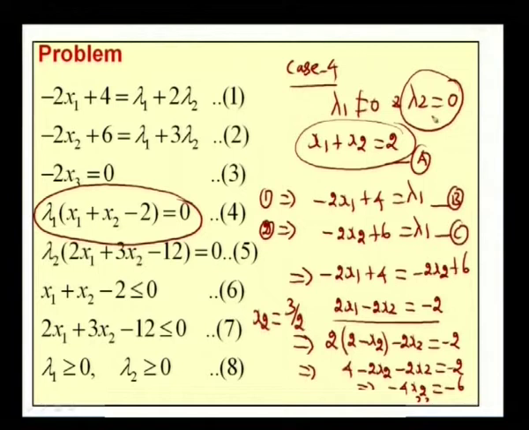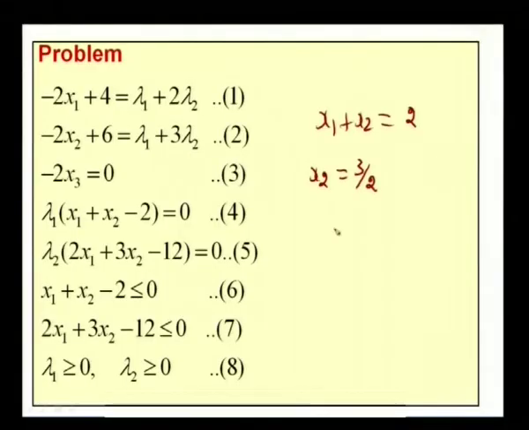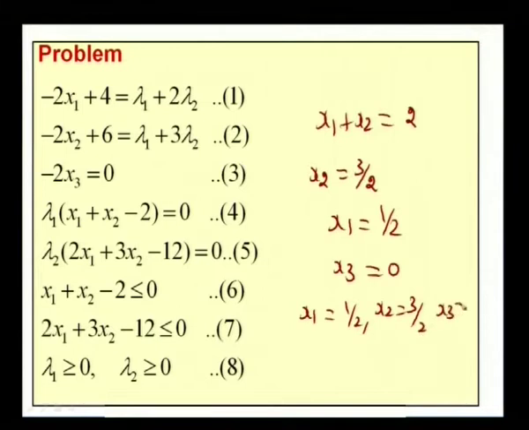So, for the case lambda 2 equal to 0 and lambda 1 not equal to 0, with the help of equation 4 and equations 1 and 2, we get the solution of x2 as 3 by 2. Now, taking x2 equal to 3 by 2 in equation A, we get x1 equal to 1 by 2. Of course, from equation 3 we have x3 equal to 0. Therefore, x1 equal to 1 by 2, x2 equal to 3 by 2 and x3 equal to 0.